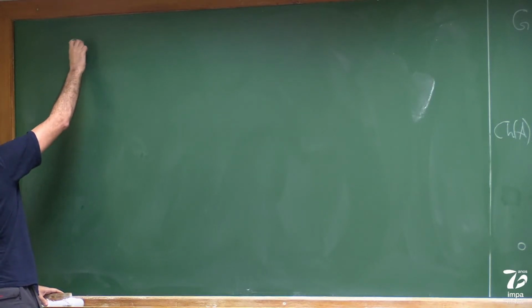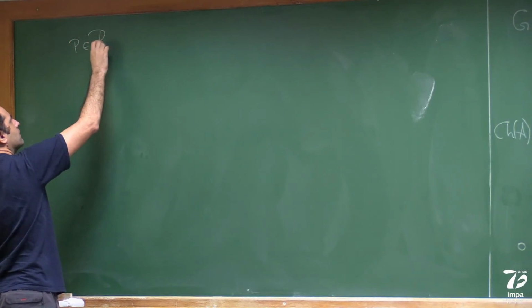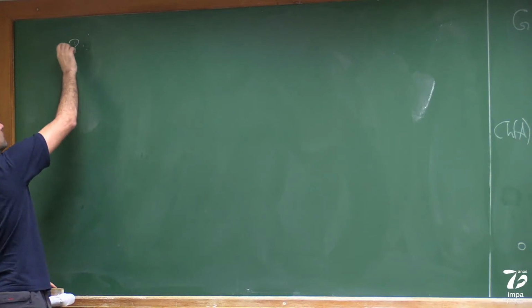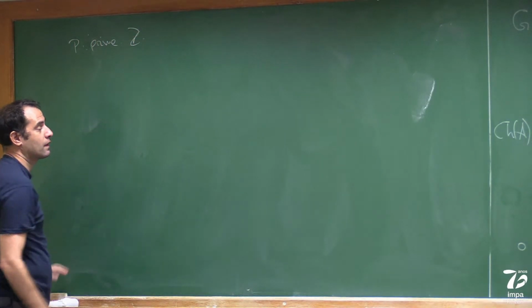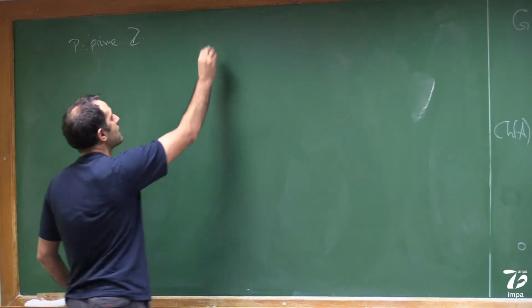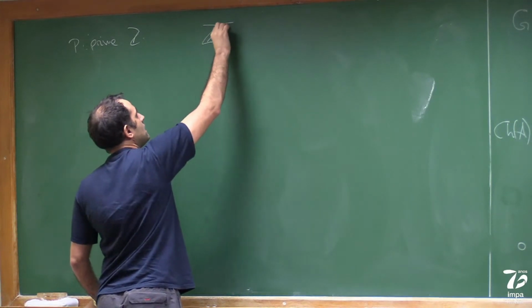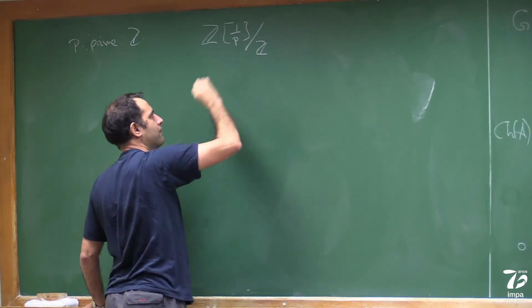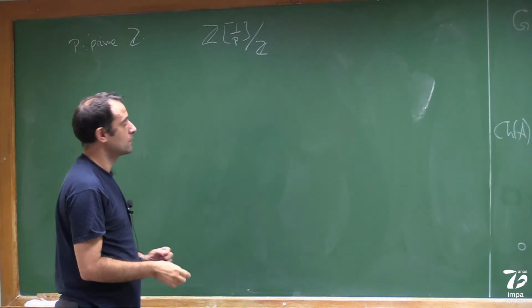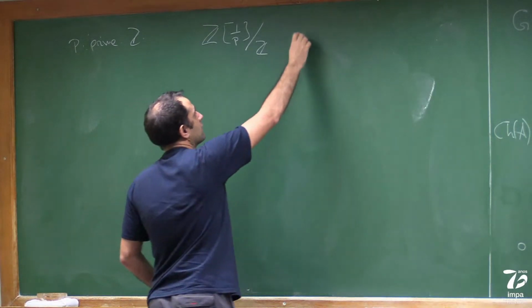So let's take P a prime integer, and let's look at Z adjoint 1 over P divided by Z. So I claim that this is also injective.